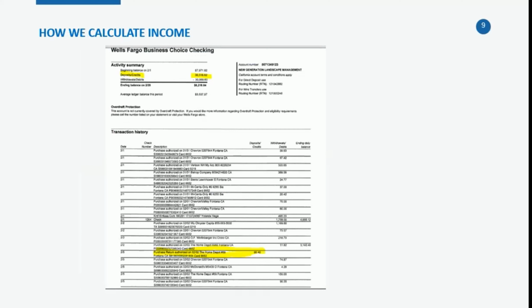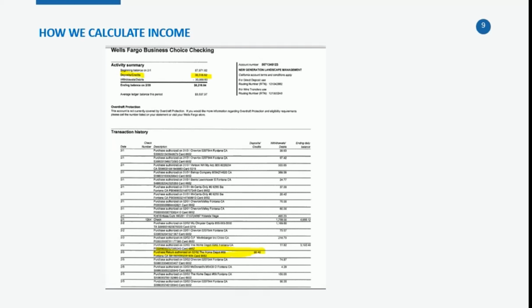Okay, so the next slide is going to show you how bank statements are usually calculated. In this example here, you see the deposits are highlighted at just a little bit over $30,000. My next example shows a deposit that's highlighted under there, but it's a purchase return. So am I going to be able to use that purchase return of $66.40 towards my total income deposits?